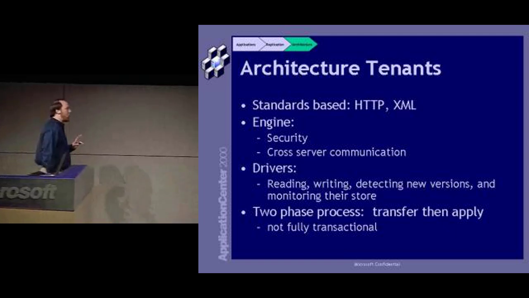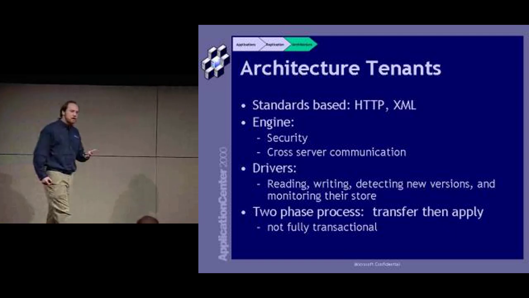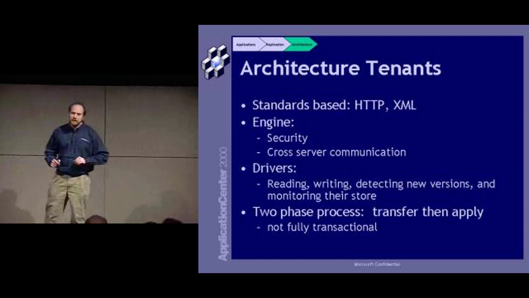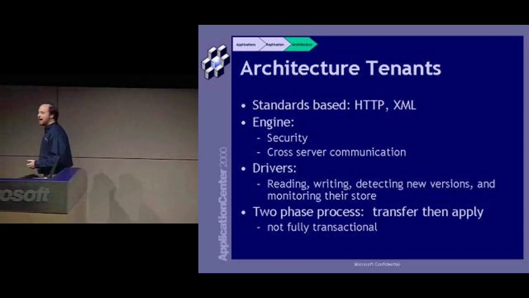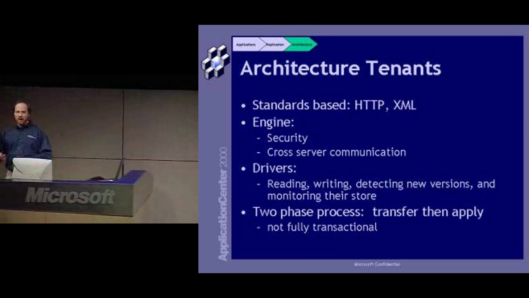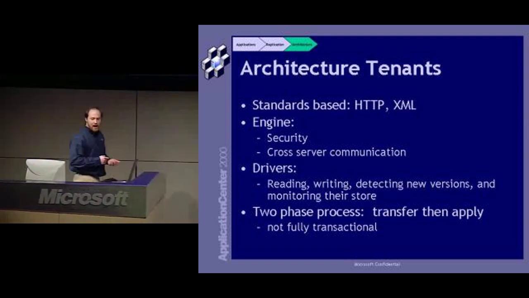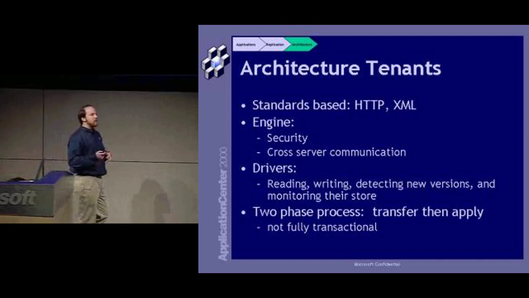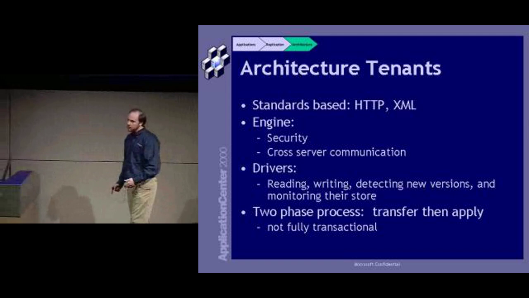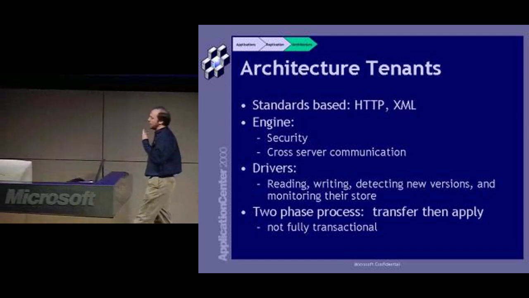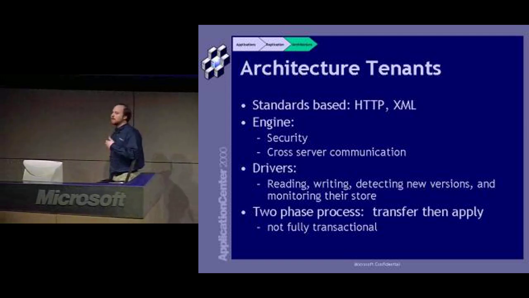We have a two-tier architecture. We have an engine, which is the core of the replication system, which is all worried about security and the cross-server communication. And then on top of that engine, we have drivers. And we have a driver for each and every content type that we replicate. So before, when I was talking about metabase, replication, files, and reg keys, and DSNs, and websites, guess what?